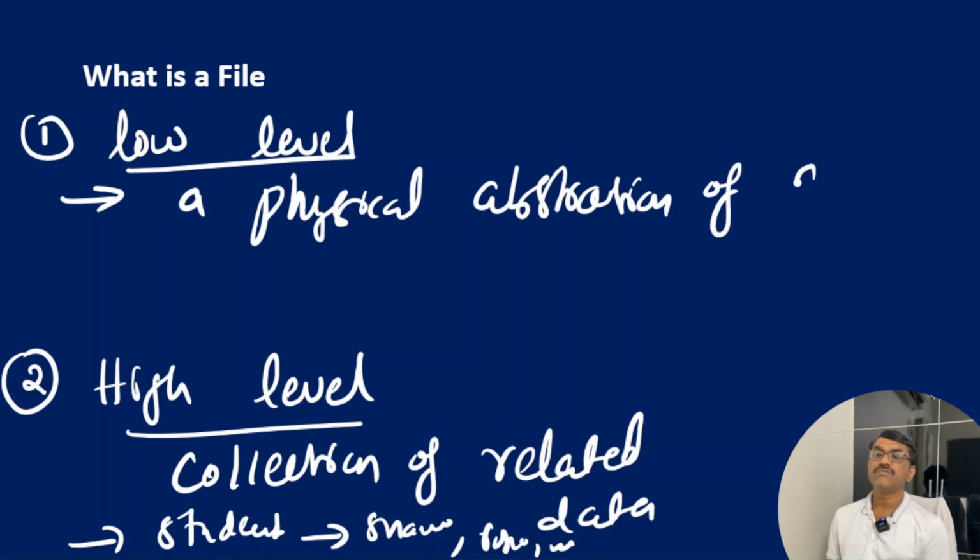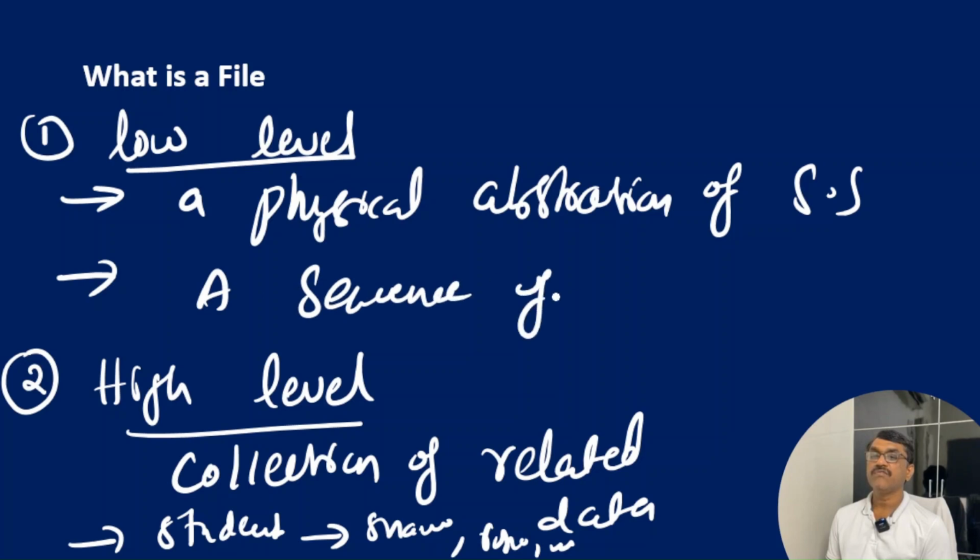What do you mean by abstraction? Just viewing. We are not getting all the details, we are just taking whatever details we want. So a file is a physical abstraction of secondary storage, or we can say a file can be defined as a sequence of bytes of secondary storage.